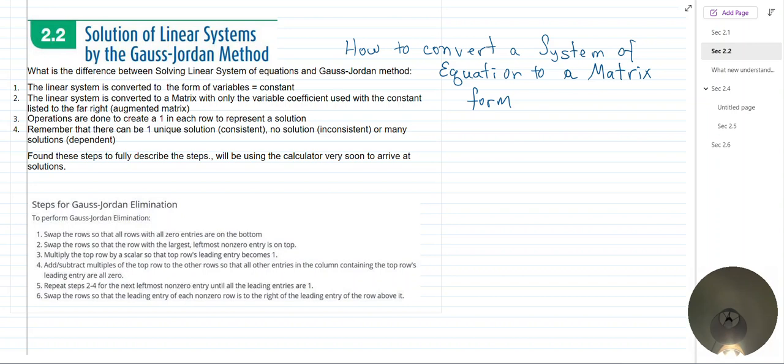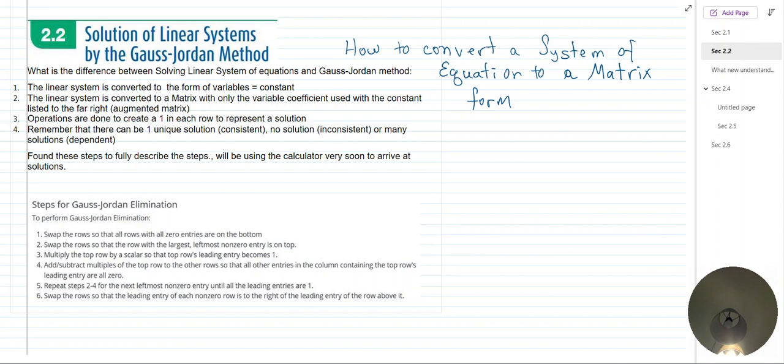Then the linear system is converted to a matrix with only the coefficients and not the variables showing, and it's called augmented because we have the solutions listed on the far right column. There's going to be 0 placeholders for any variable not listed, and that would be a first step in understanding how a matrix will work.